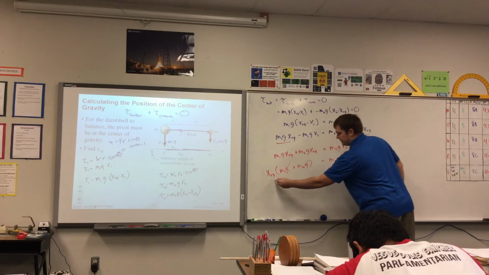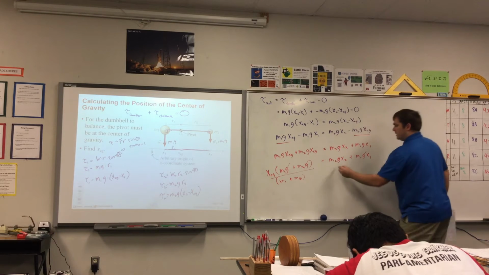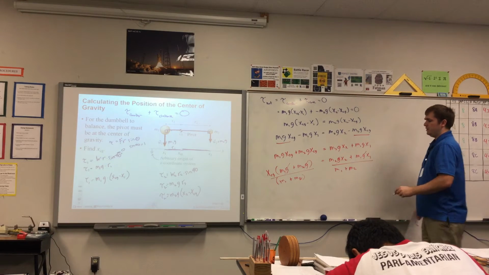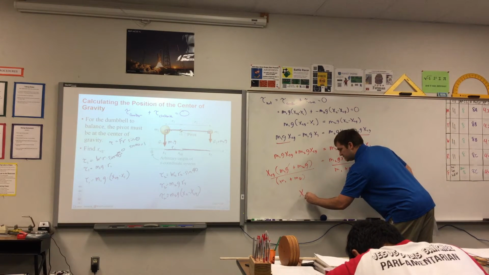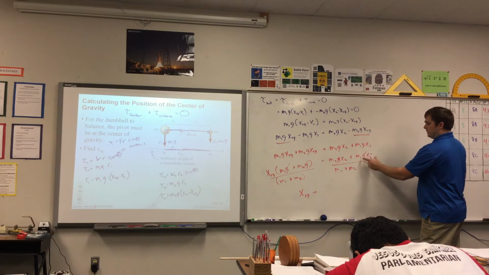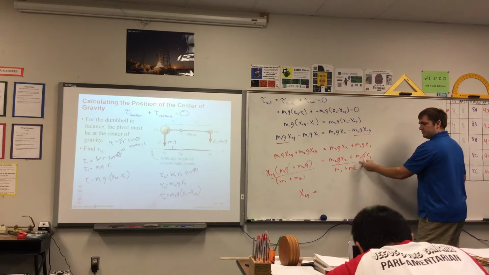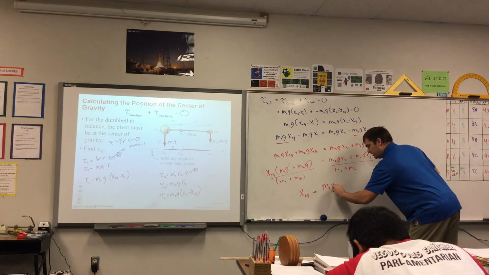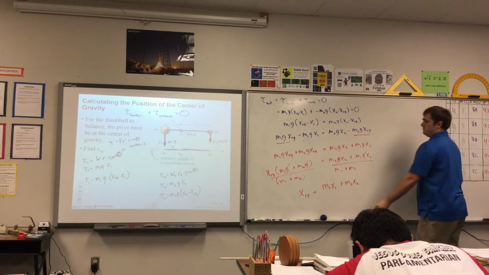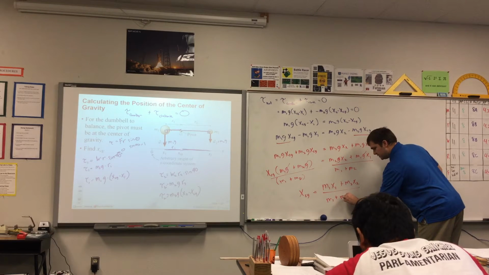At the same time, I'm going to divide this side by M1 plus M2, and divide this side by M1 plus M2, and finally get a good answer here, that the position of the center of gravity, XCG, is equal to, I'm going to just rearrange this, rather than having M2 X2, M1 X1, I'm going to put the ones first. M1 X1 plus M2 X2 divided by M1 plus M2.